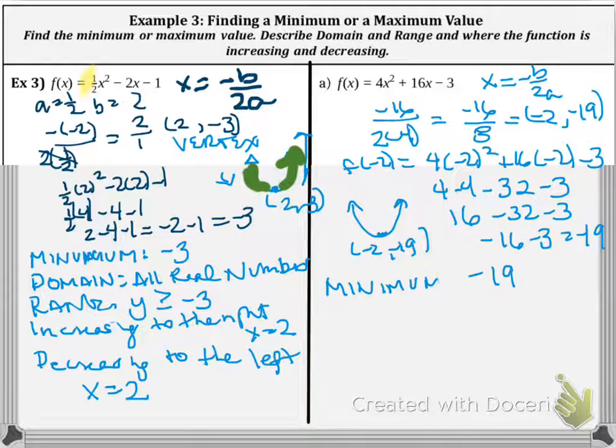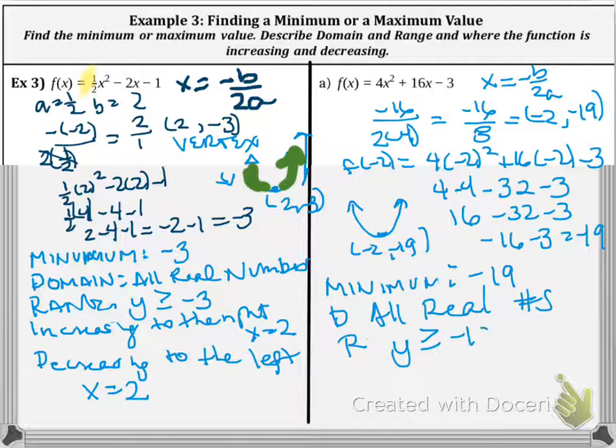And then we can look some more. Our domain is the same, all real numbers. Our range is when y is greater than or equal to negative 19, right? The lowest y value is negative 19, and it just increases from there.